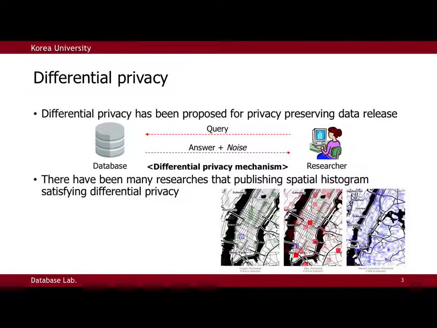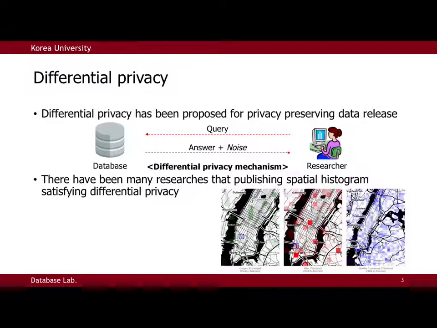Suppose the database has patient information of a certain hospital, and there are 5 AIDS patients. The researcher knows every record except one, and he wants to know whether the owner of that record has AIDS.